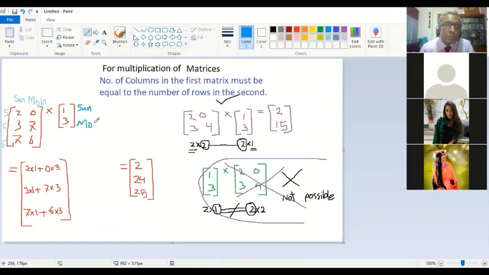Because the number of columns in the first matrix is the same as the number of rows in the second. So if the columns are Sunday and Monday, then the rows will be Sunday and Monday, same thing, right? But other things may be different.